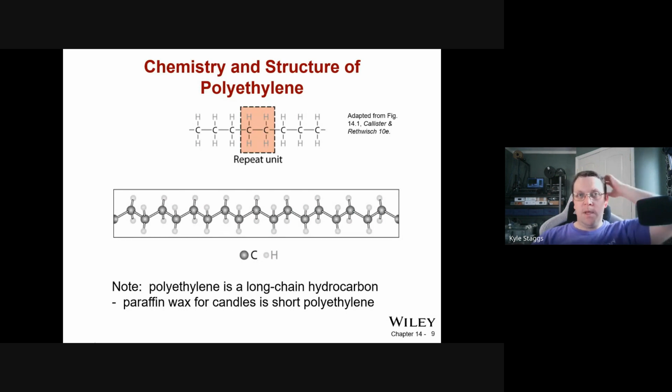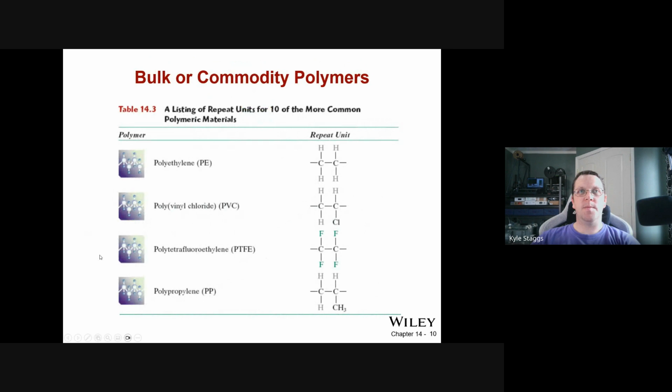So there is a little bit of give and take to a degree there, but the general rule of thumb is really long polymers are not going to work in applications where you need something that is a waxy substance. You need something that can melt apart and separate.